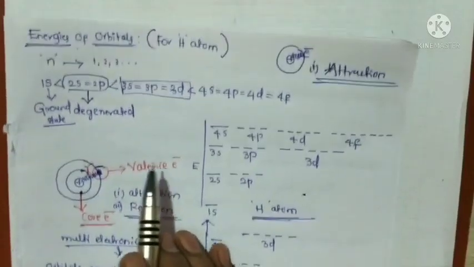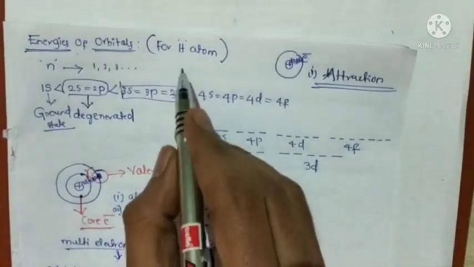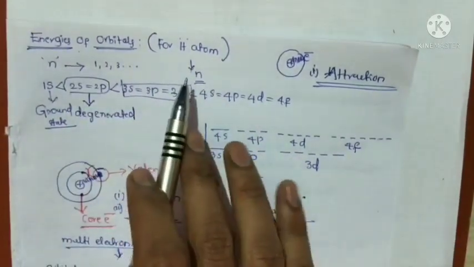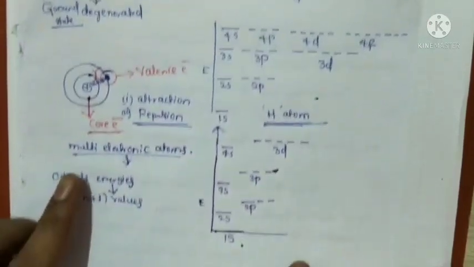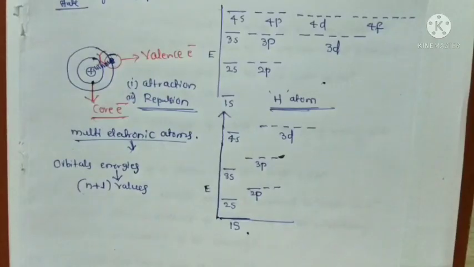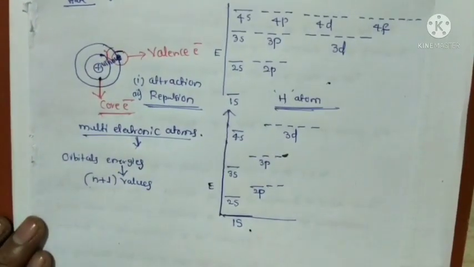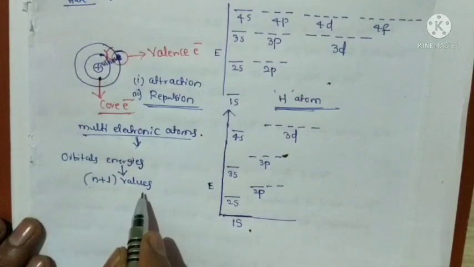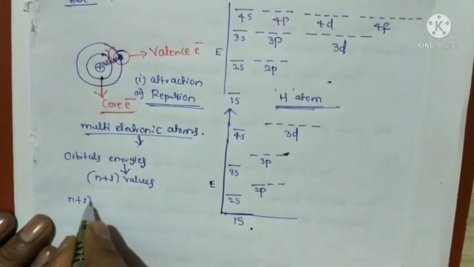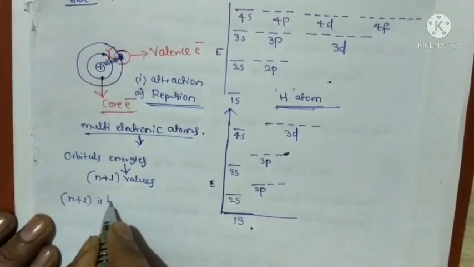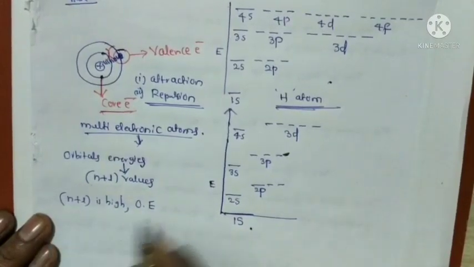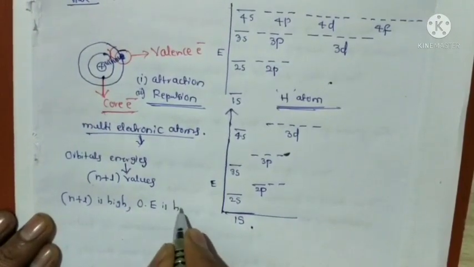For the hydrogen atom, orbital energy depends only upon the n value, but in multi-electronic atoms orbital energies depend upon the n plus L values. If the n plus L value is high, the orbital energy is also high.